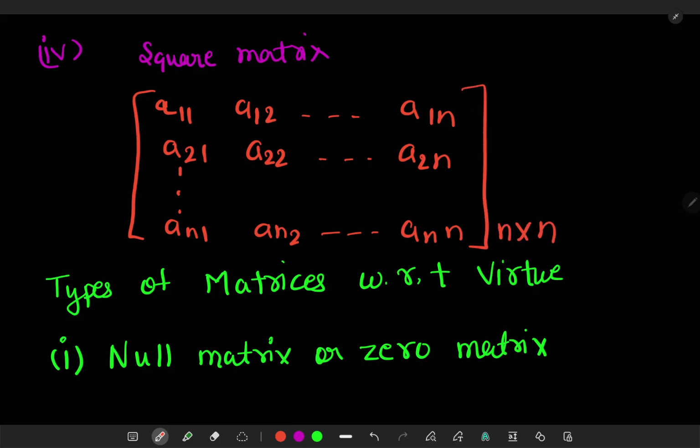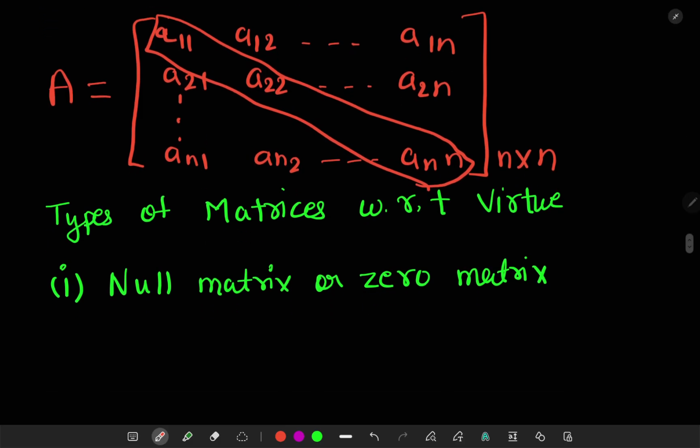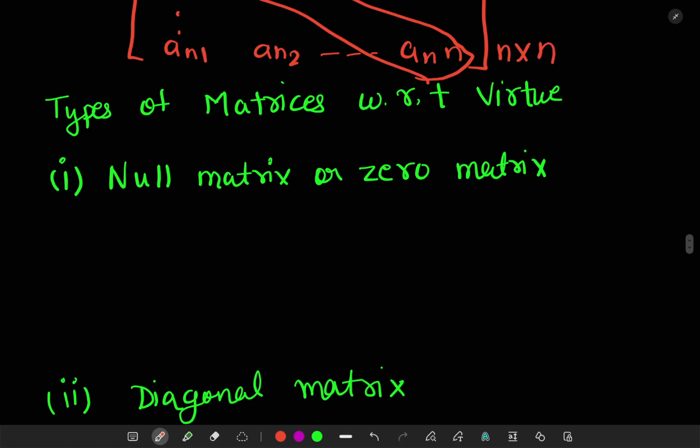This is a general matrix of order n into n. Here these are called principal diagonal elements.